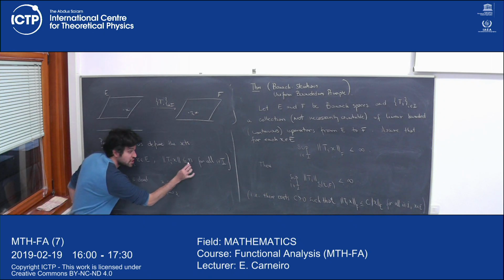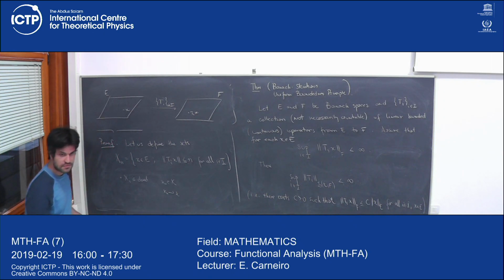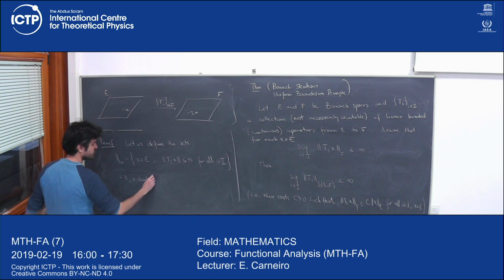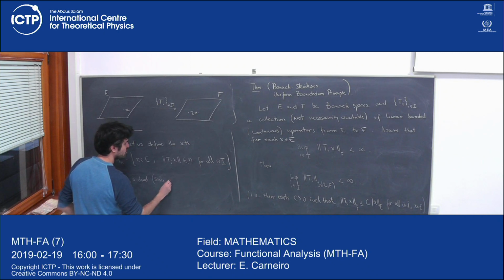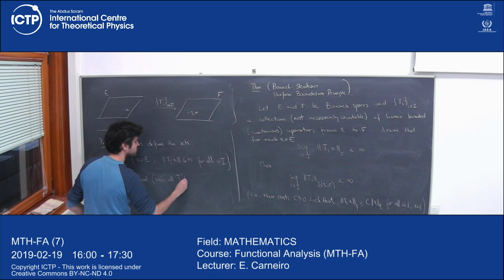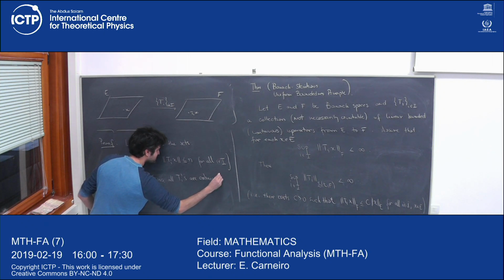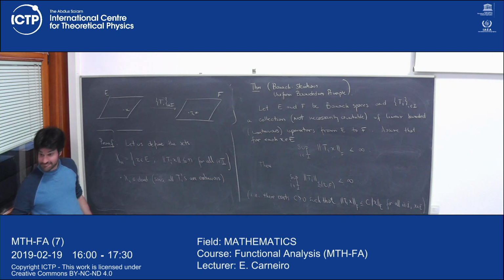Okay, so this is why I'm putting less than or equal to. So this is a closed set, since all Ti's are continuous. Are we good? Yeah, the Ti is continuous and the norm is continuous, the composition of both is continuous.